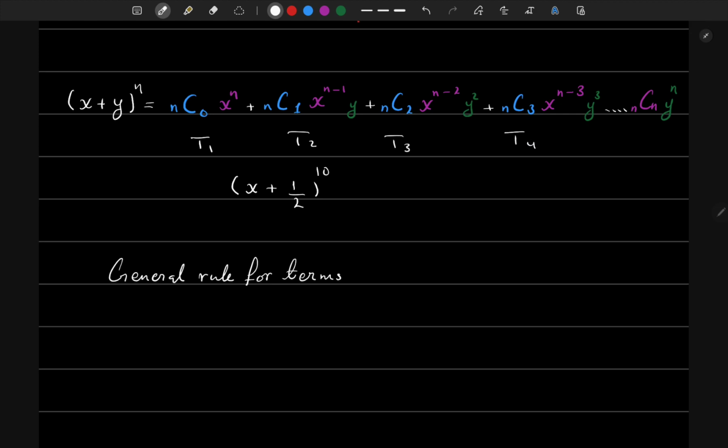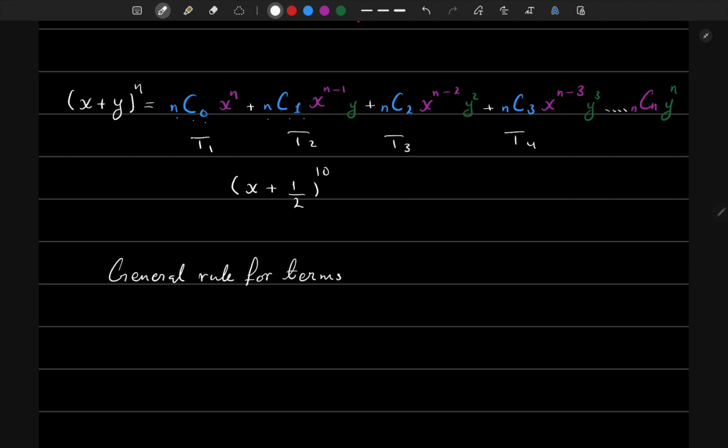And we can immediately notice that in the first term, I have nC0, which is 1 minus 1, by the way. In the second term, I have nC1, which is 2 minus 1. In the third term, nC2, which is 3 minus 1, and so on.